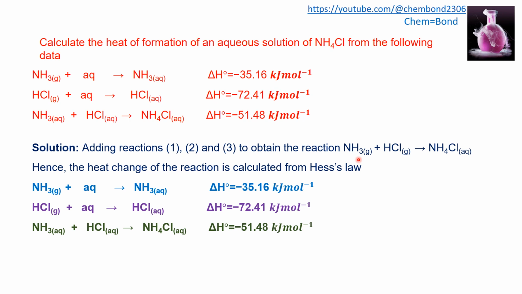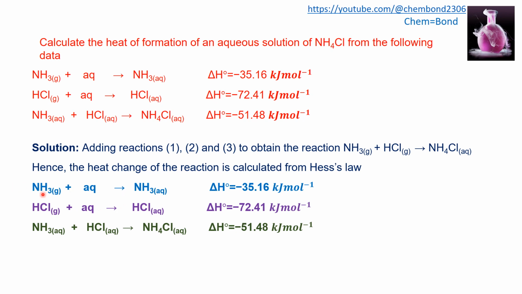To obtain the reaction: ammonia in gaseous form will combine with HCl, hydrochloric acid, in gaseous form, and combined with aqueous, it will produce ammonium chloride.